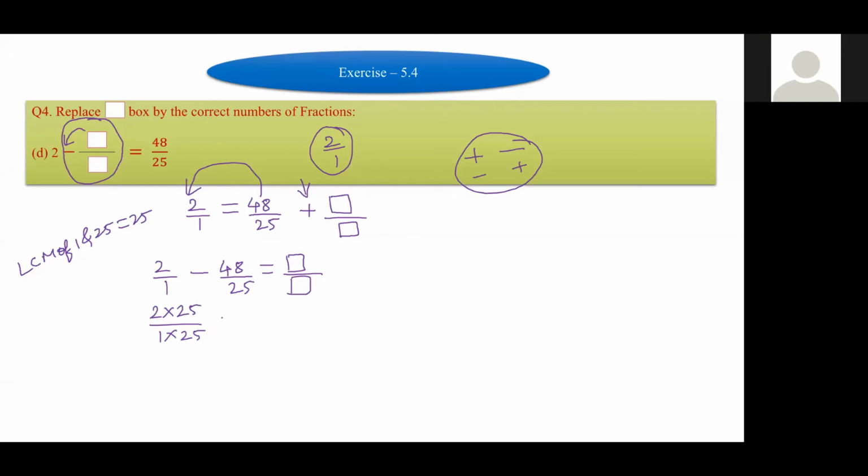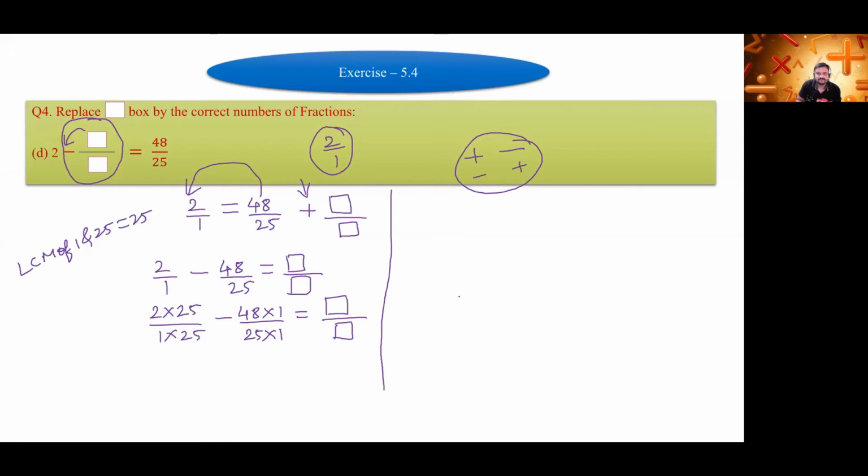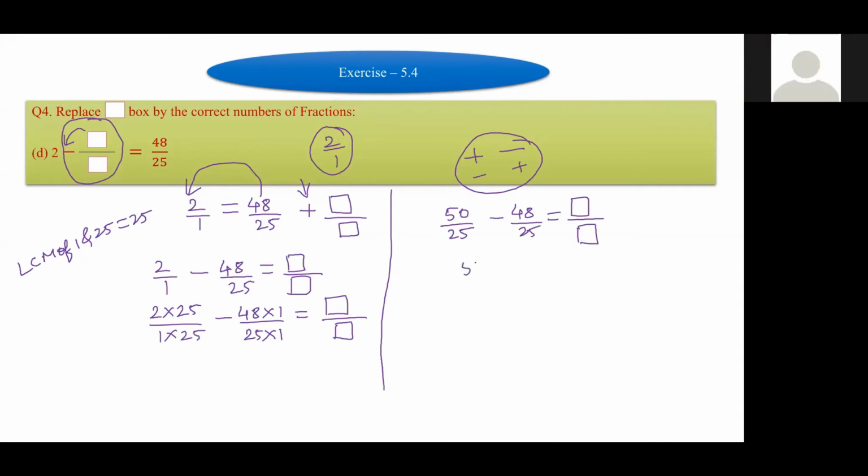So what will it come? 50 by 25 minus 48 by 25. So 2 by 25. So the value inside the box will be what? 2 by 25.